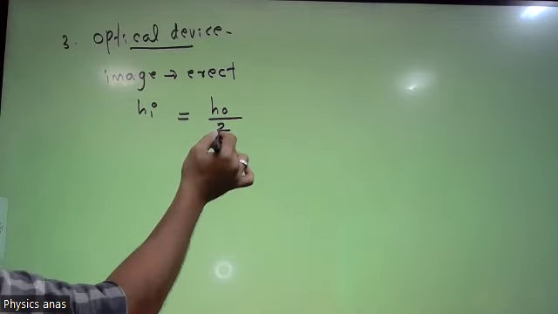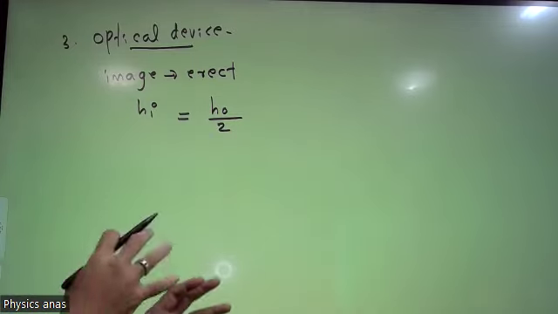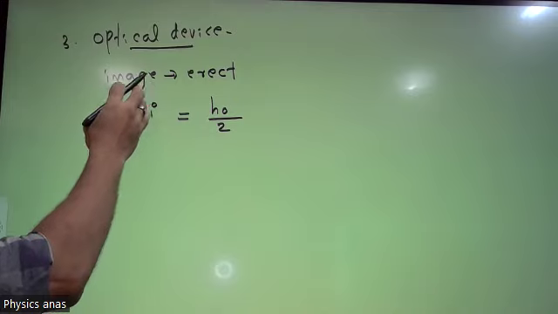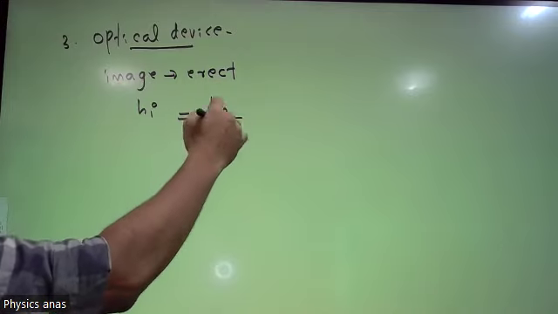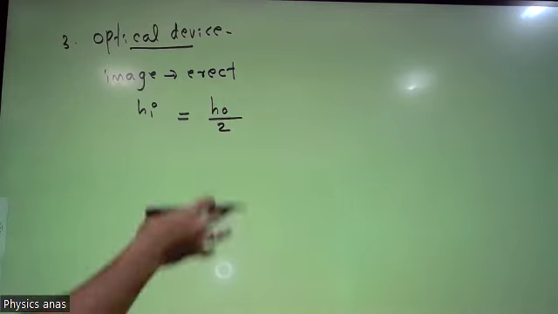Just check it, and the height of the image. What does HO divided by 2 mean? Half of HO is HI. Which is bigger, HI or HO?